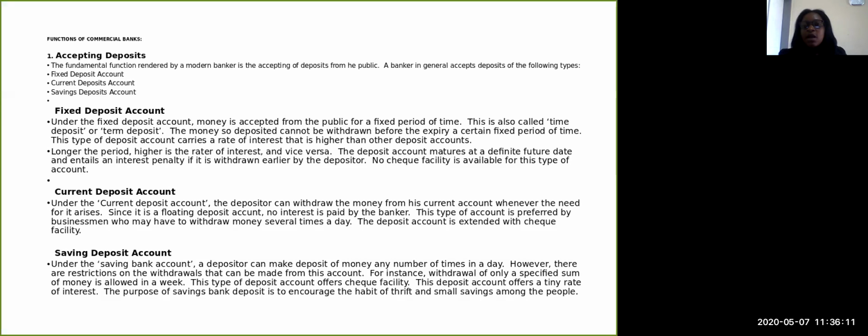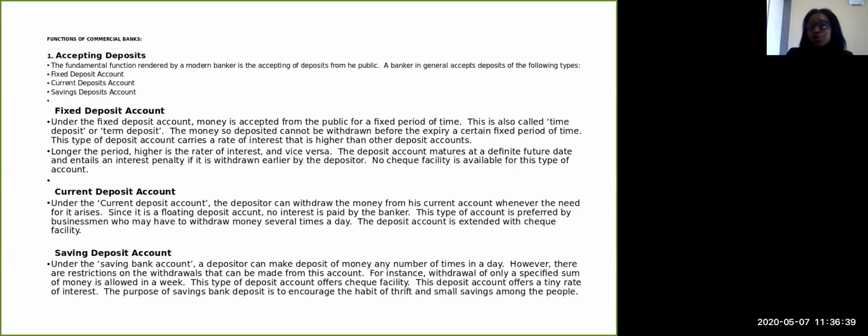This type of account is preferred by businessmen who may have to withdraw money several times a day. So you see why this type of account is more suitable to businessmen than a fixed deposit account. Because with a current deposit account, whenever a businessman has an urgent issue, they can make their withdrawal at any time they want.